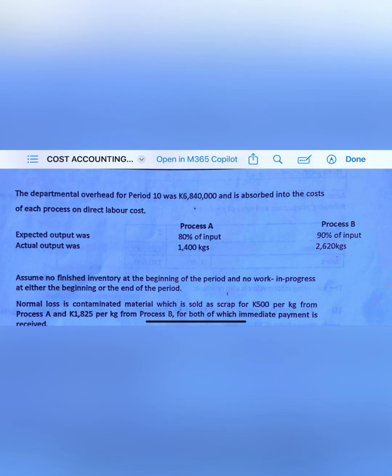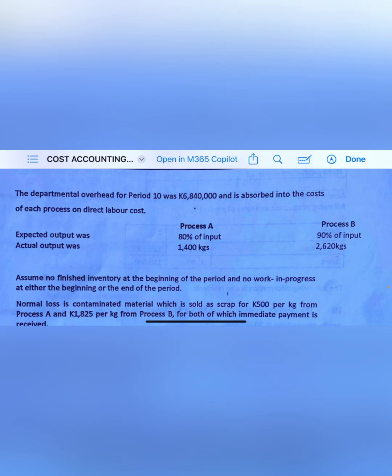So from your inputs, for example process A, we have seen that the direct material we are using is 2,000 kg. From 2,000 kg, they are expecting you to produce 80%, meaning 20% is normal loss. Sometimes they can state directly that the normal loss is 10%, or like in this case, normal loss is 20% for process A.